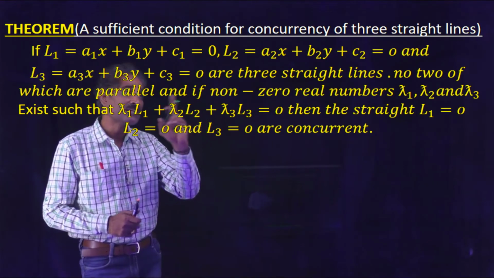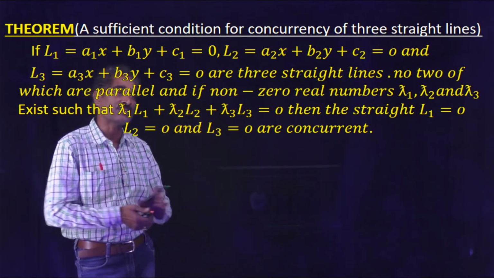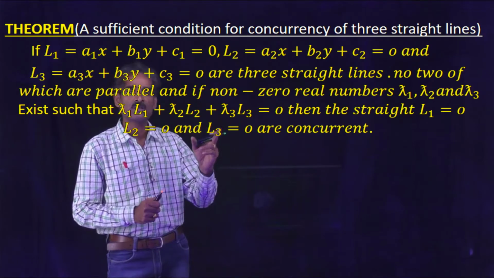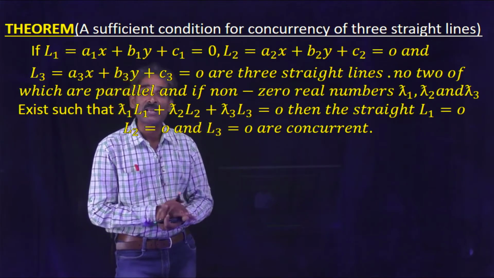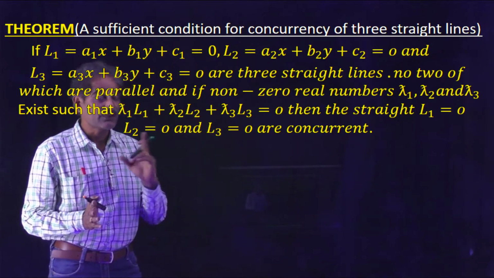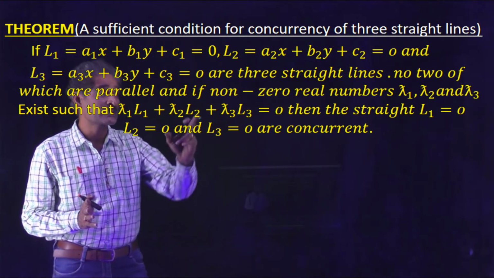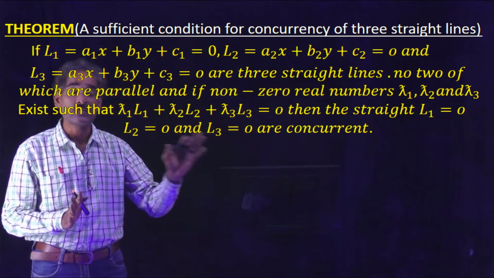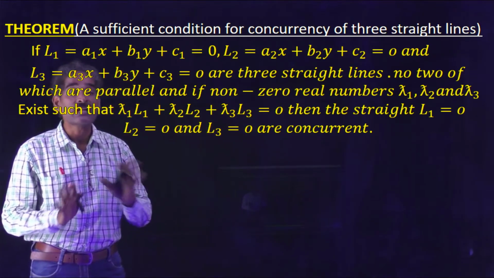If any 3 lines satisfy this type of condition, then we can say that L1, L2, L3 are concurrent lines. Understand? If L1, L2, L3 are concurrent, we can express it like this: lambda 1 L1 plus lambda 2 L2 plus lambda 3 L3 equal to 0, where lambda 1, lambda 2, lambda 3 are non-zero real numbers.